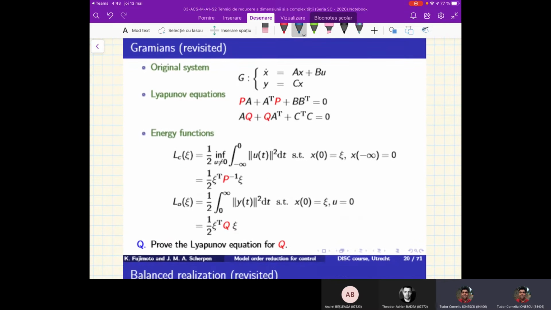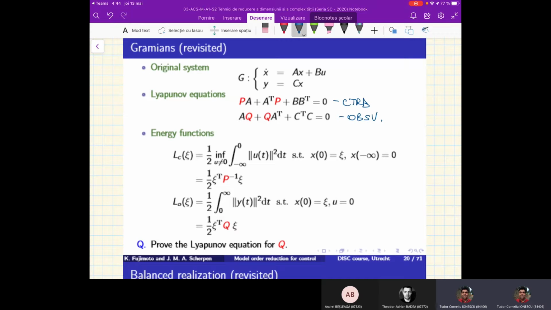Now, here is a revisit of the Gramians, and I think this is a very nice slide to help you recall the notions of energy functions as well as Gramians. We have the original system here. This is the controllability Gramian, and this is the observability Gramian.